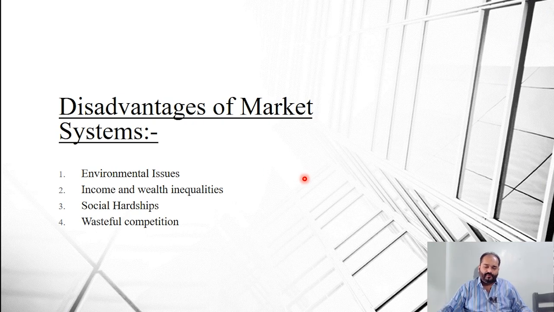People will not be able to afford goods, and whoever has better knowledge of the product, who has better academics, will be able to buy more goods. That is why we say mainly in the capitalist economy that the rich get richer and the poor get poorer, right? So that is also a major part of it.